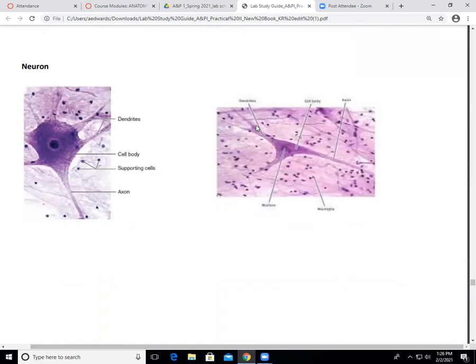What I want you to know here, okay, this is a neuron. There are really two cells we want you to know in nervous tissue: the neurons and the neuroglia. All right, neuroglia are supporting cells.